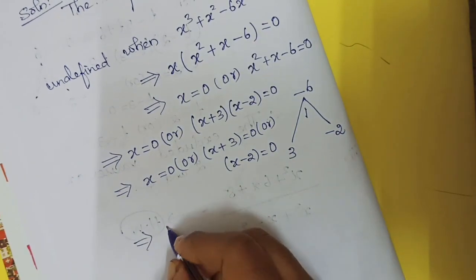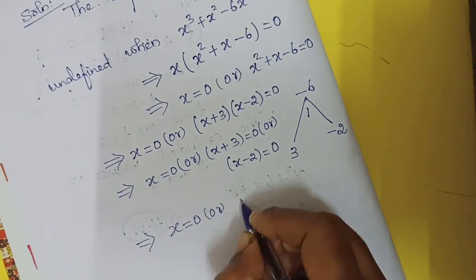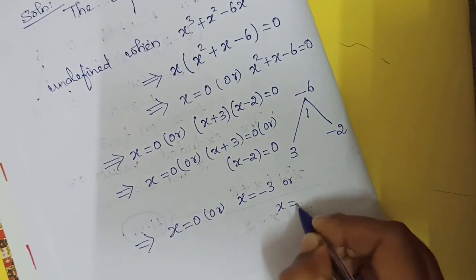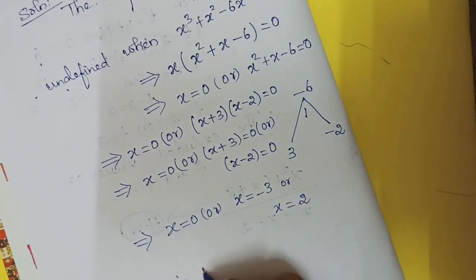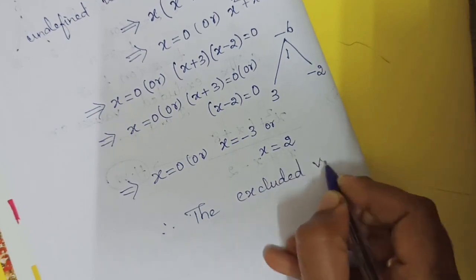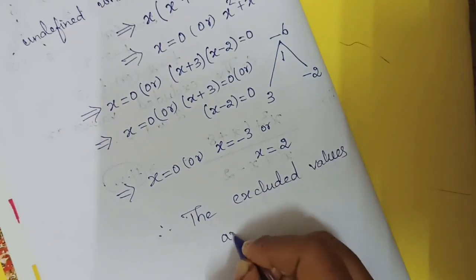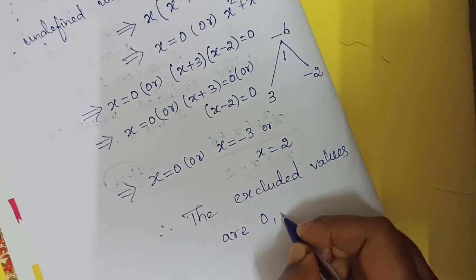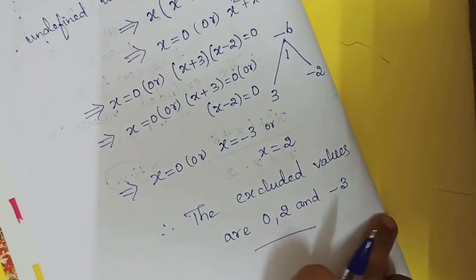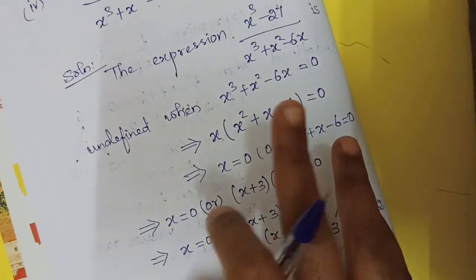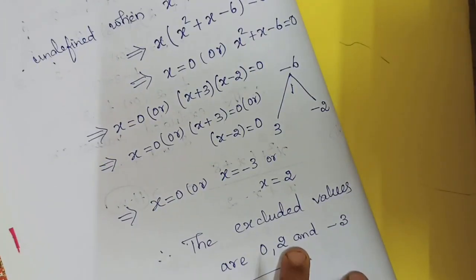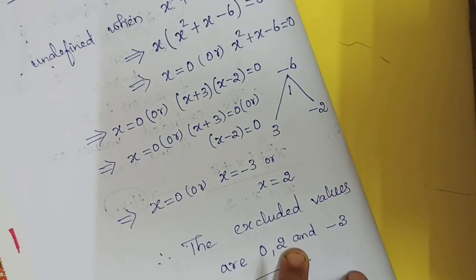So the final step: x equal to 0, or x equal to minus 3 on transposing, or x equal to 2. So what are the excluded values? The excluded values are 0, 2 and minus 3. If you put any of these values in this expression, the value becomes undefined. So this value should not be included. That is the excluded value. Got the point?